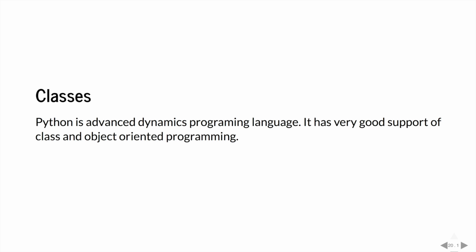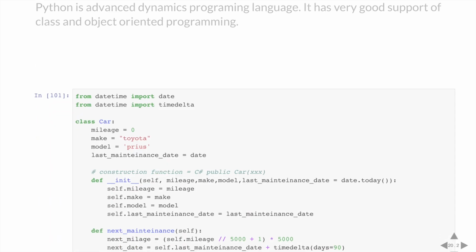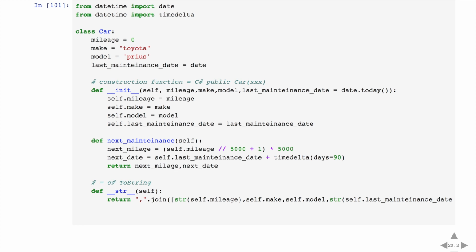All right, so about class. For class, you'll see it's really similar to C Sharp, but it's more about the naming convention and the coding styles. For class, you just do class Car and then a colon, and then the property of the class you put on the top typically.